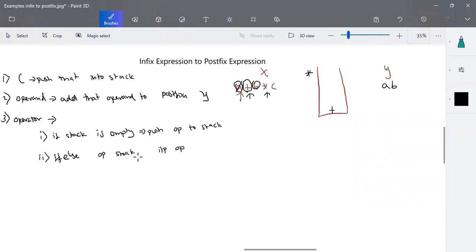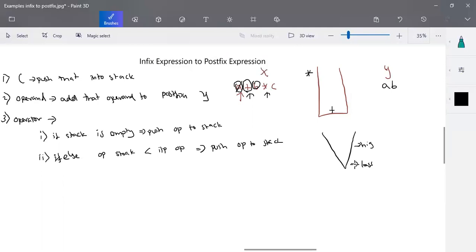And if the stack consists of an operator of lesser precedence, then we'll be pushing that operator to the stack. Always remember this inverted triangle rule. We can place a higher precedence operator on top of a lesser precedence operator.